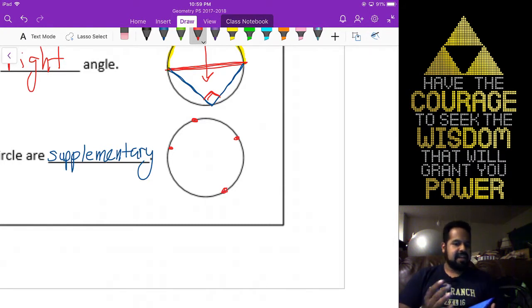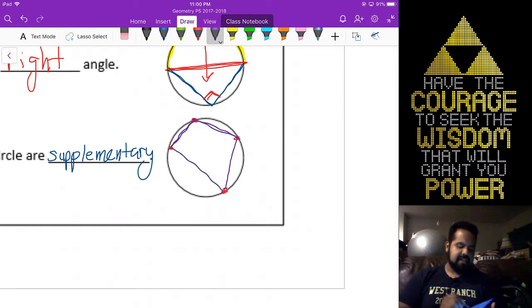As you can see, they're not pre-selected. Connect those two, connect these, and these. Kind of looks like a kite, but a little off on that. So these two angles over here add up to 180, as well as these two angles. These add up to 180 degrees.